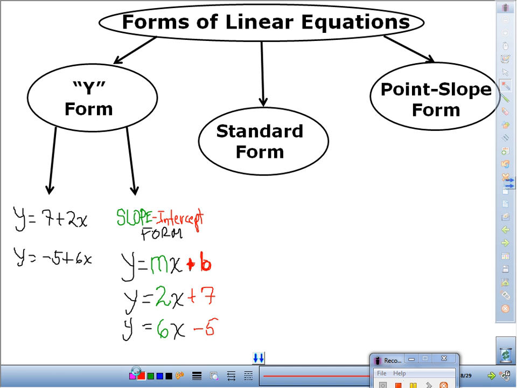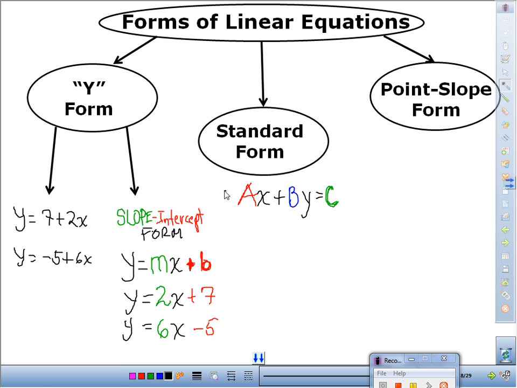I want you to write this down. Standard form looks like this: AX plus BY equals C. Standard form, AX plus BY equals C. So check this out.